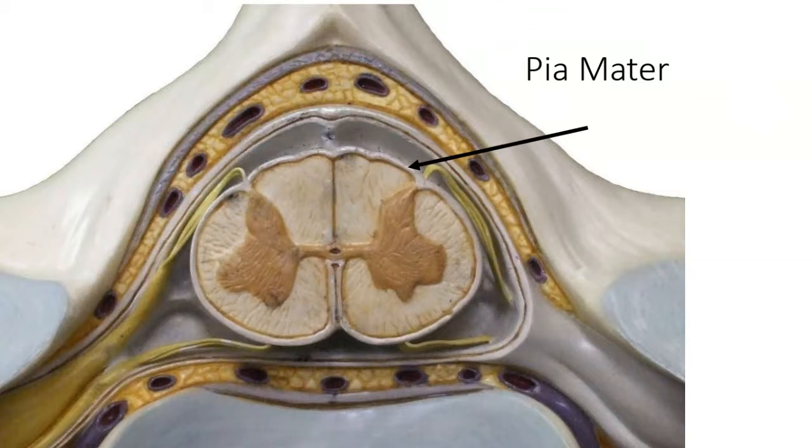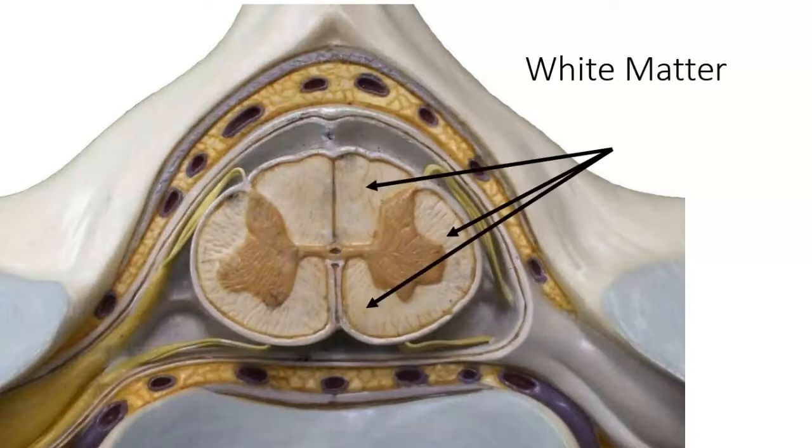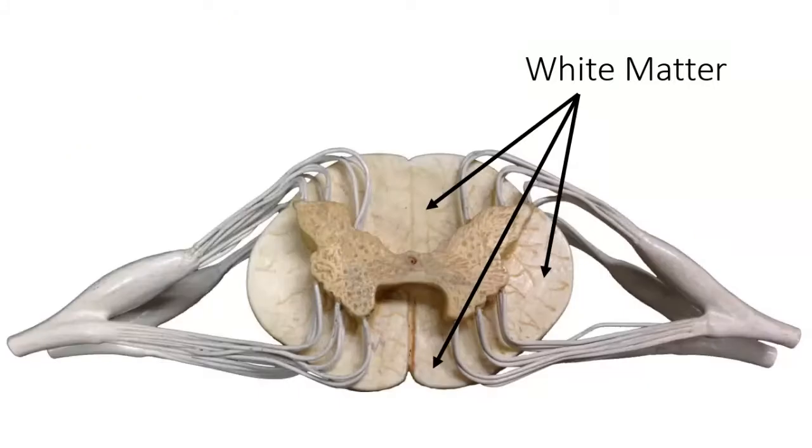Okay, so let's talk about white and gray matter. Here's your white matter, and here you can see it on this model. White matter is made up of what?